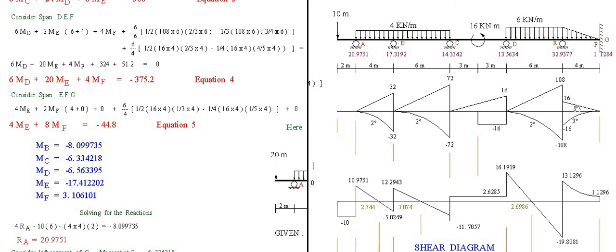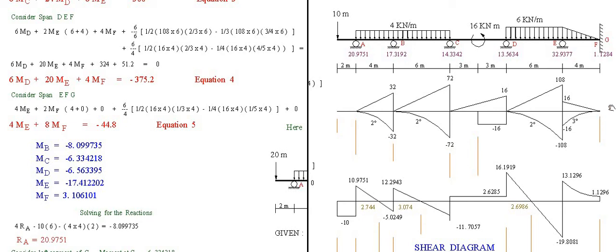Then the constant on the left is 6 over 4 times 1/2 of 16 by 4. The origin is on the left, 1/3 of 4. Then down below, this is third degree parabolic, 1/4 of 16 by 4 times the distance here on the left, so 1/5 of 4.